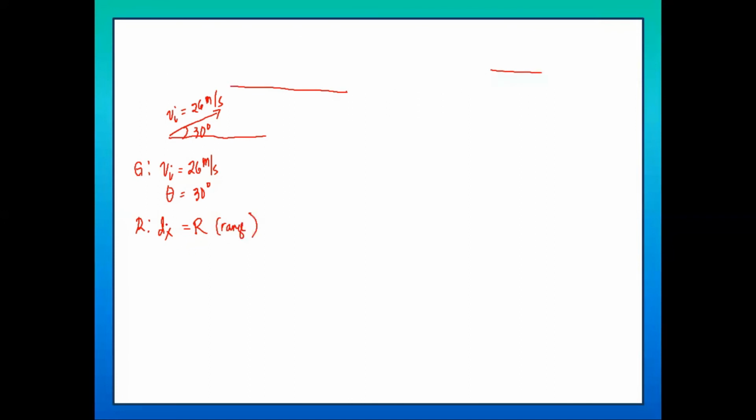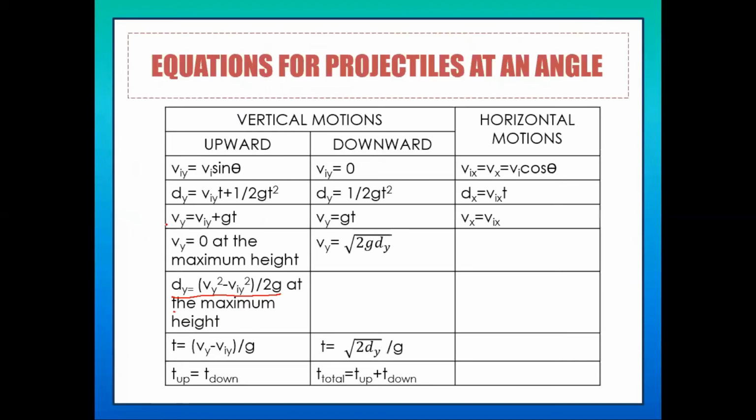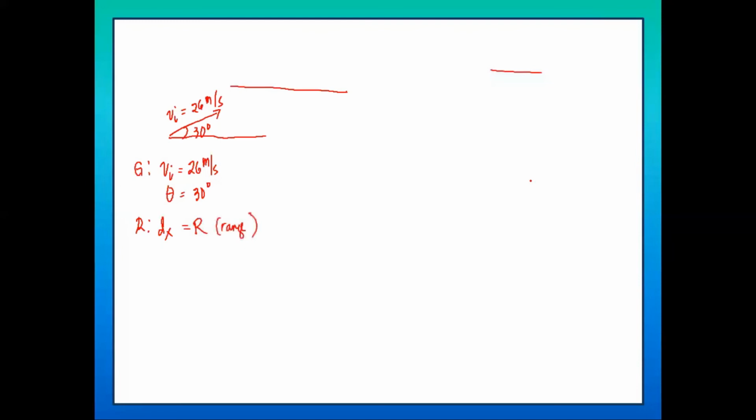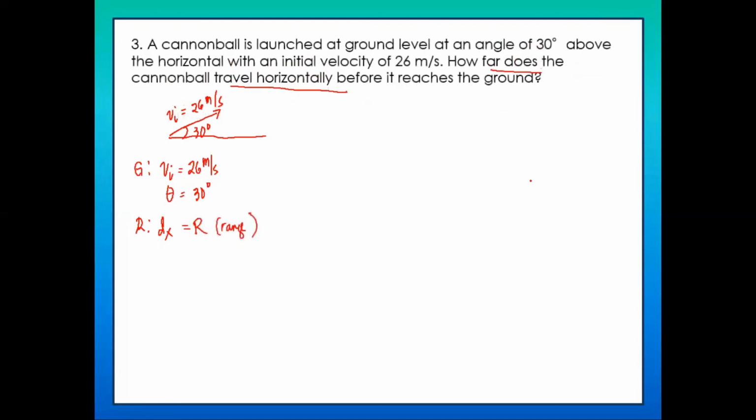If we look at the equation, you would see that to solve for d sub x, this is the formula. So we're going to copy that. Our equation is d sub x is equal to v sub I x multiplied by 2.